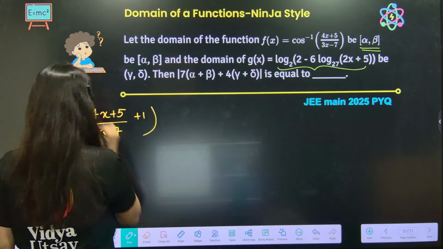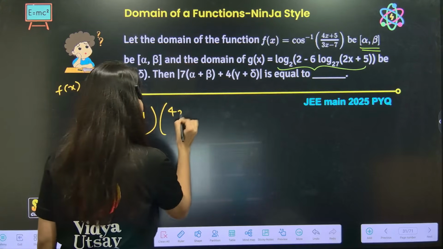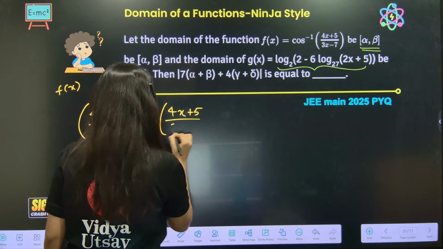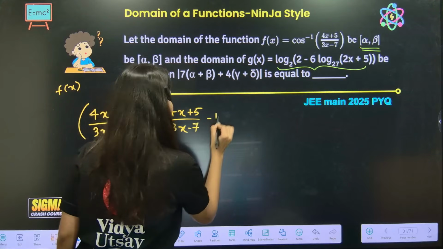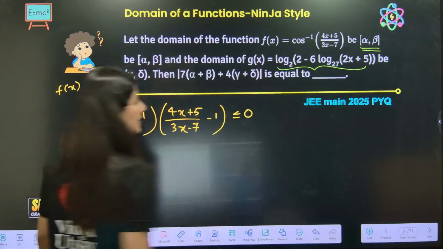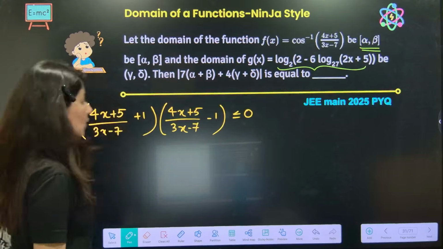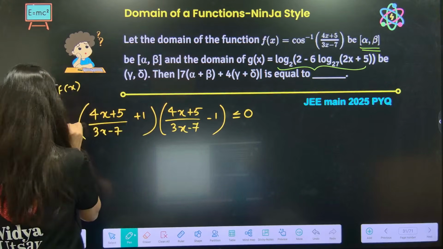Add 1 to it: (4x plus 5) upon (3x minus 7) plus 1, and subtract 1 from it, less than or equal to 0. Now just solve it.